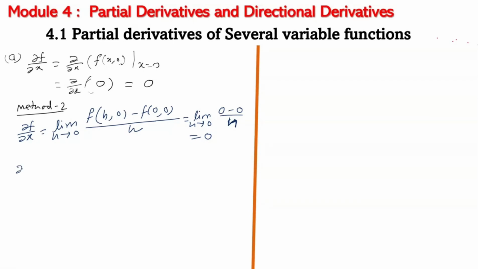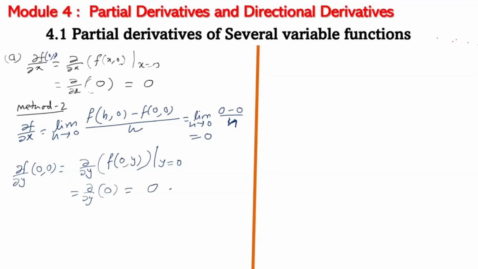In the same way, the del f del y at (0,0) is equal to del y of f(0,y) at the point y equal 0. But f(0,y) is 0, so therefore we will get the derivative is 0.